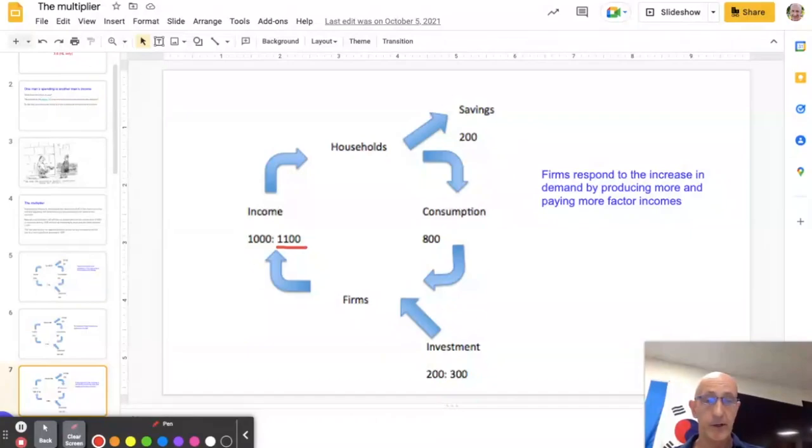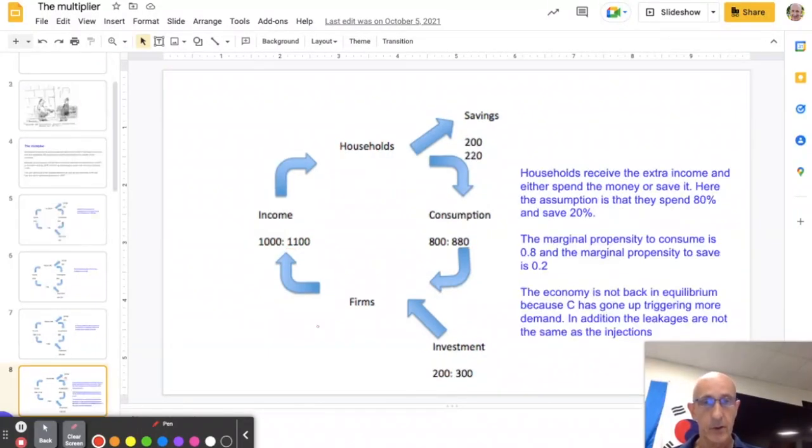And if they produce output of 1100, they've got to pay the factor incomes to produce this extra output, which is incomes to households. So the households will receive the extra income, and then they'll choose to save and spend the proportions that we talked about before, which means of the extra 100 that they've received, 80% of it will be spent, pushing consumption up to 880. 20% of it will be saved, pushing savings to 220, and the economy continues to move around the circular flow.